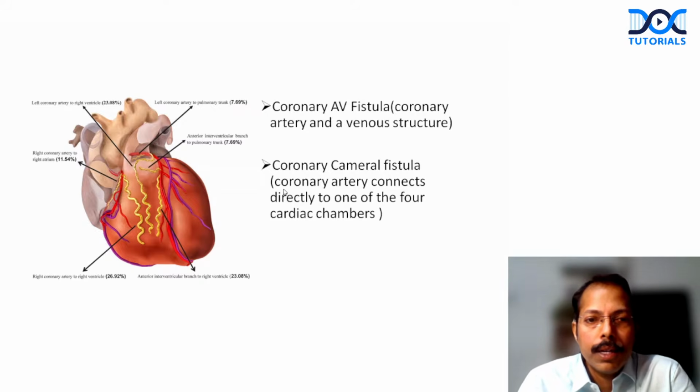Okay, so kindly make a note of this image. A question may be asked if the question paper setter is more interested in the coronary fistula, and you have to appreciate the coronary cameral fistula. It is nothing but the coronary artery connecting directly to one of the cardiac chambers, and that too more commonly the right-sided chambers.